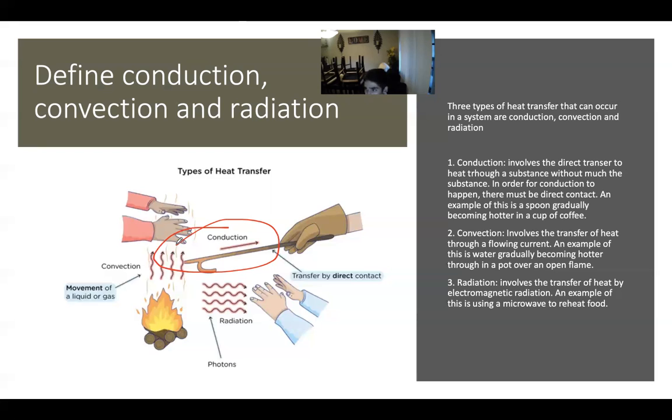Right? Now radiation, now we're talking about protons and electromagnetic things, right? Because now we're talking about transfer of heat involving molecules, particles. Kind of like using your microwave to reheat your food, meaning you're using those different molecules inside the microwave to heat the food.